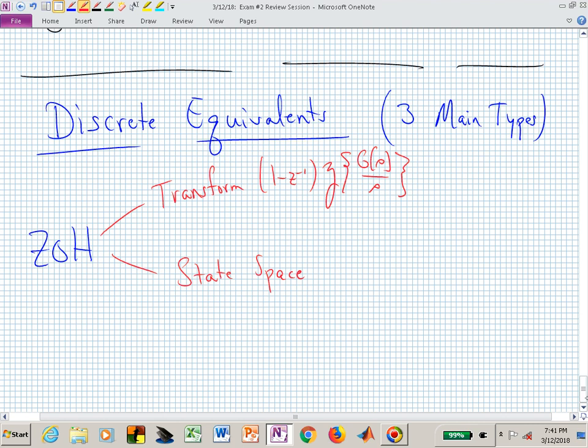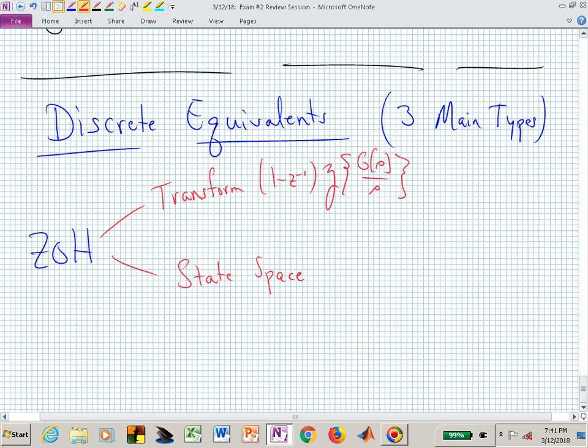So now in this transfer function based zero order hold, I'm absorbing a lot of information into this definition. I've sort of said, here's the wink and a nod way of interpreting the z transform of g of s over s. So if you had to do that manually, you would inverse Laplace transform and then find the z transfer function of each of those individual pieces. But you don't really have to do that.